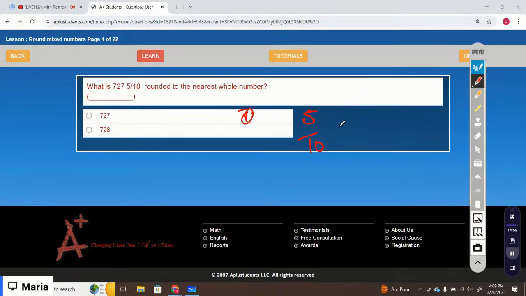The fractional part is 5 by 10, that is exactly equal to 1 by 2. So you need to round up, it would be rounded off to 728. That is 728. Option number 2 is the correct option.